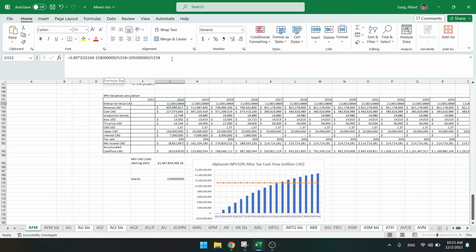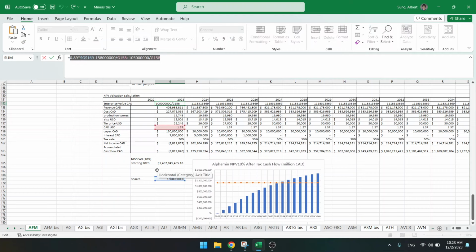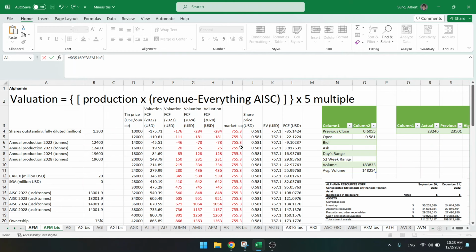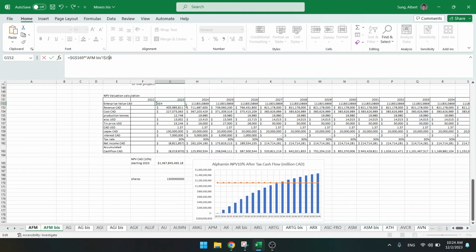Let's just recalculate it. Is the share count times the share price in US dollars, and that's in US dollars.